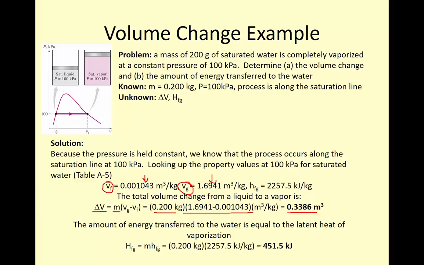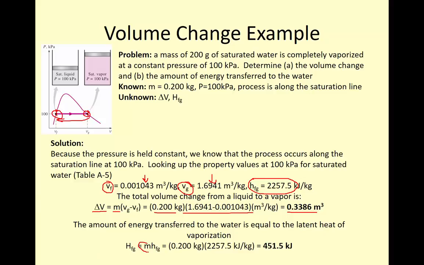Then the amount of energy transferred to the water is equal to this latent heat of vaporization. So this enthalpy, H sub FG, is the amount of energy that is required to go from the fluid state to the gaseous state, or in reverse, that would be the amount of energy that is removed in order to make that phase change process occur.